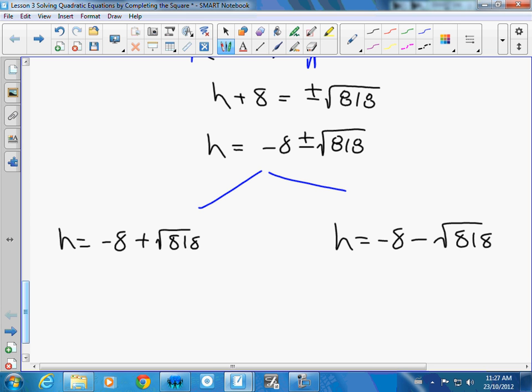Okay, do the math for me. Give me an approximate to one decimal place. I want everybody to do it. You should be able to do this in your calculator. Do you not have a calculator?